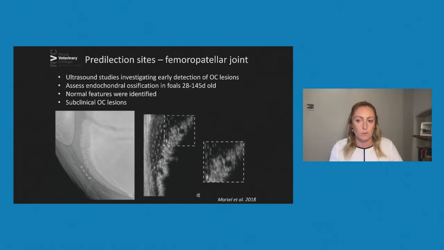And they found that this all significantly decreased as the foal matured, which is normal. Subclinical osteochondrosis lesions, characterized by these dark, hypoechoic, semicircular lesions, were seen in the ossification front where the cartilage is being ossified. And they found that ultrasound provided a useful tool for early diagnosis of these subclinical lesions.